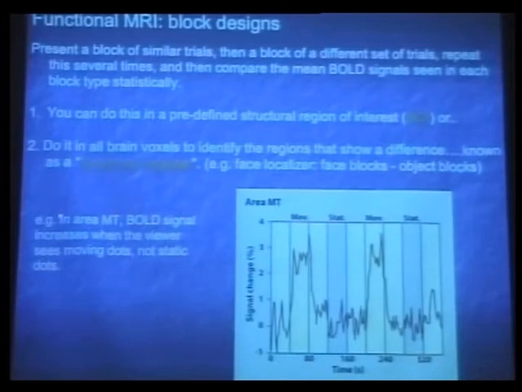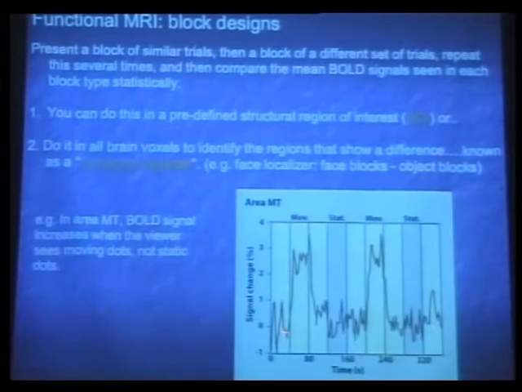So for example, this is a study of area MT. Area MT is the middle temporal area. It's on the lateral side of your brain. And we've known from monkey work that area MT responds to moving stimuli. What you can show here with a BOLD signal is that you have this paradigm where you have a fixation period, then you show a bunch of dots that are moving, another fixation period, then a bunch of dots that are just sitting still on the screen, and so on and so on.